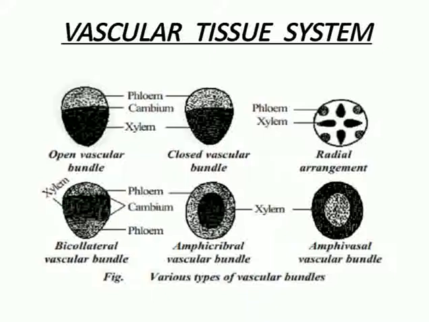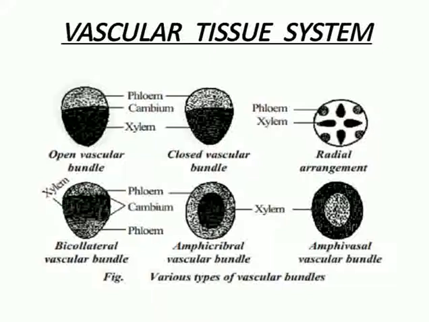In the conjoint type of vascular bundle, the xylem and phloem are situated at the same radius. That is, if the xylem and phloem are present at the same radius, this is conjoint. If xylem and phloem are present on different radii, this is called the radial arrangement.